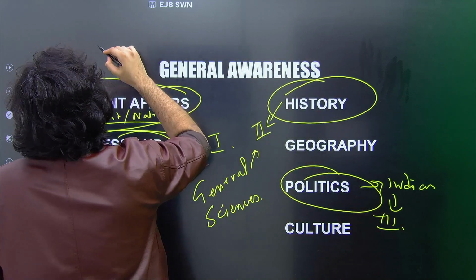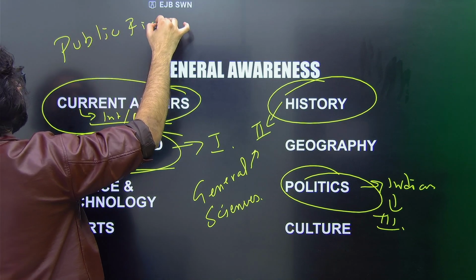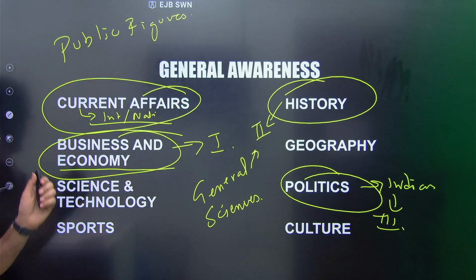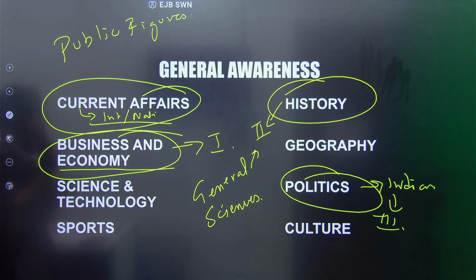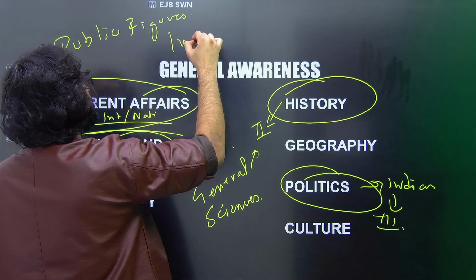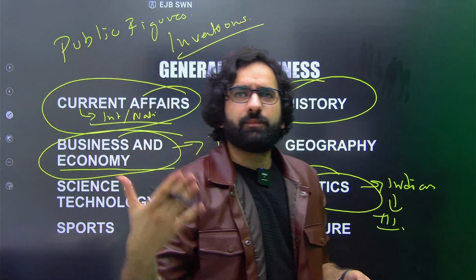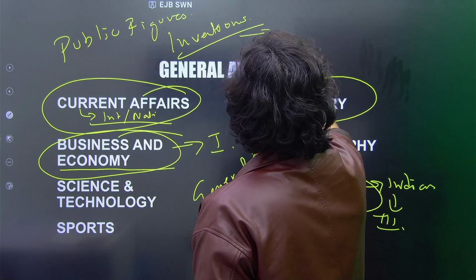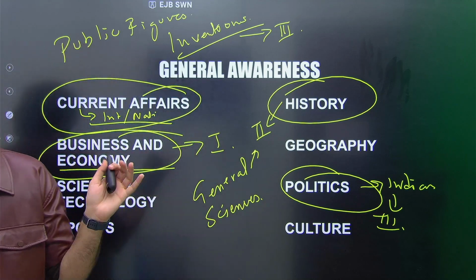Any kind of public figures, including politicians, would also fall under a similar third panel. Apart from that, inventions, which is what has been invented by which person, would also fall under the third category, and these are things which you should once again not rely on too much.